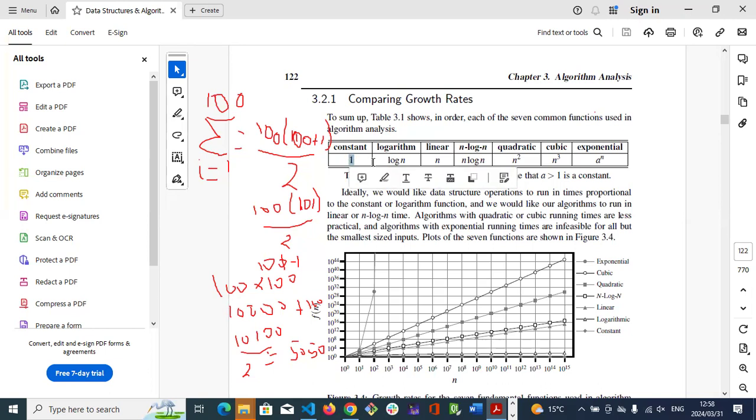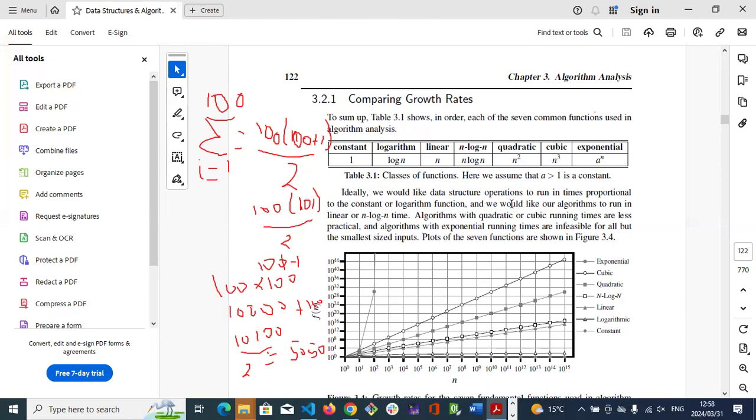Then the second one is logarithmic, log of n base 2, and the third one which is linear, and the fourth one which is n times log of n base 2. The fifth one is n squared, quadratic, and then the sixth one is cubic, n to the power of 3, and then the last one which is exponential, n to the power of n.